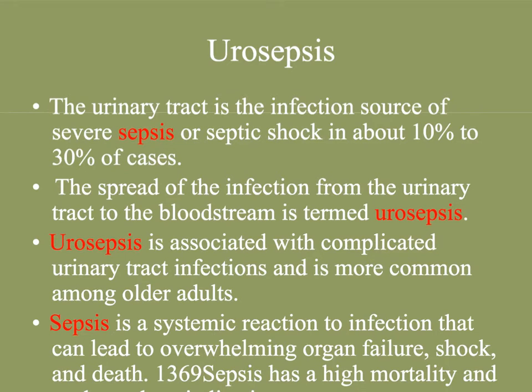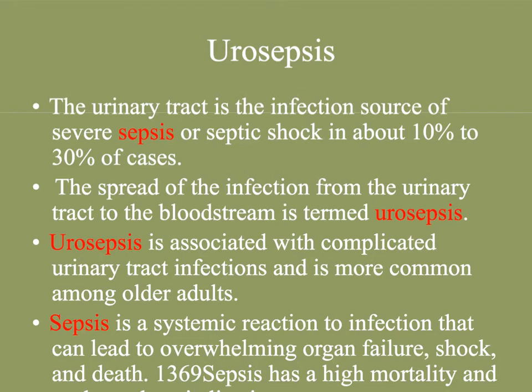What this means is that the bacteria that has gotten into the urinary tract can actually spread to become an infection in the bloodstream. So if this infection gets so bad in the urinary tract, it can actually be spread into the bloodstream. When that happens, it's a very systemic effect all over, and it's just going to affect the patient's whole body, this infection, and it's called urosepsis.